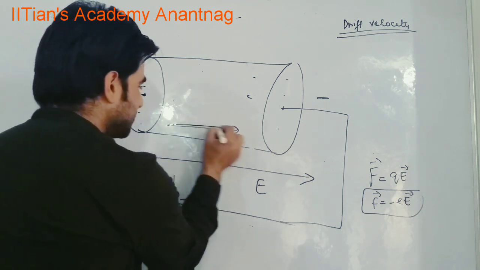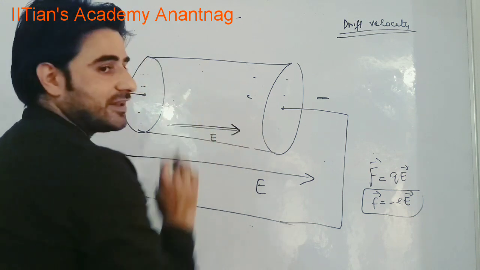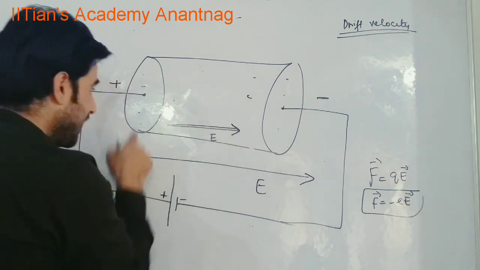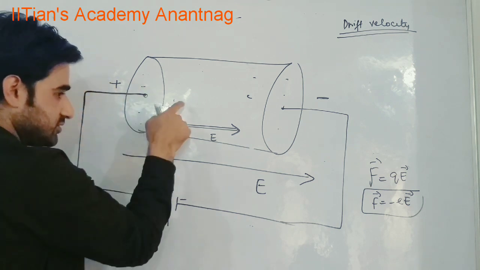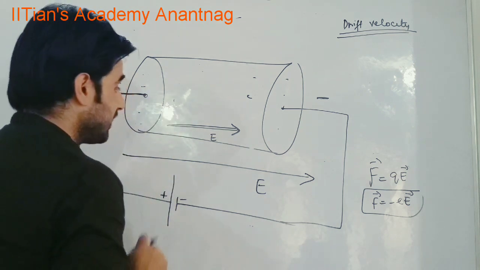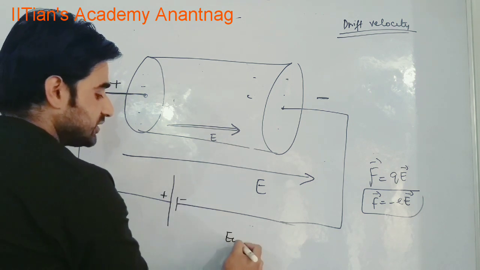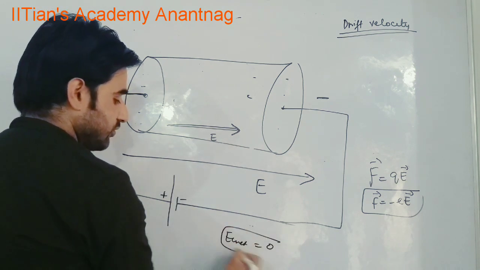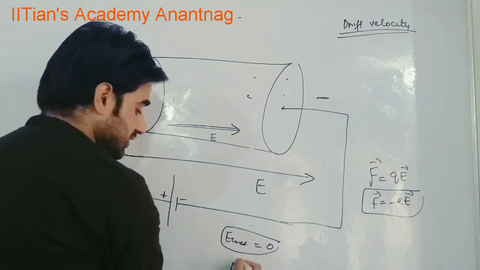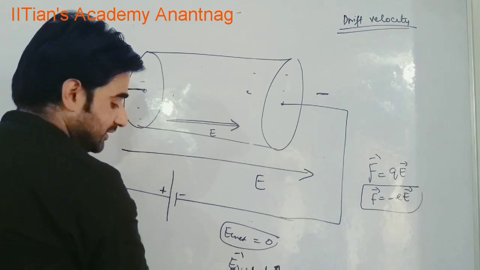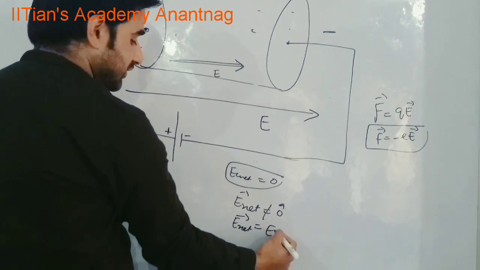The only electric field is the external electric field. So when I connect the conductor with a battery, it is no more an isolated conductor. The induced electric field inside is 0, so the net electric field inside the conductor is not 0. The net electric field is the external electric field.